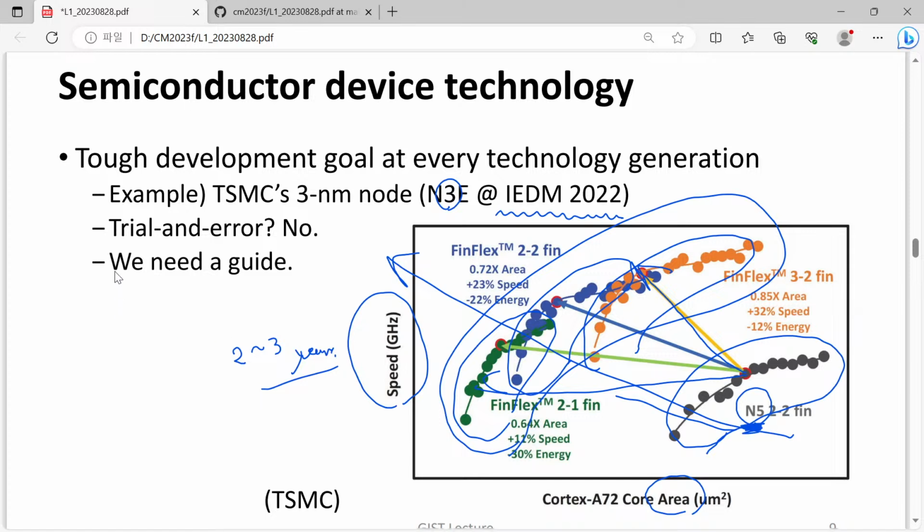Within this given time, every company in this competition should achieve the next generation technology development. So in this sense, a trial and error approach is not acceptable. If your company fails to develop the next generation technology, then what will happen? Then actually this is the failure of the entire company.